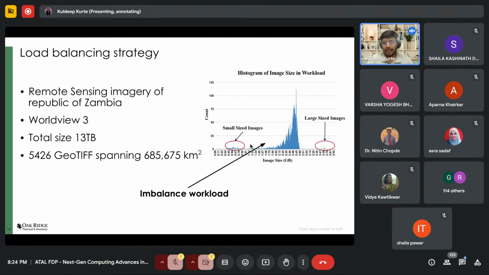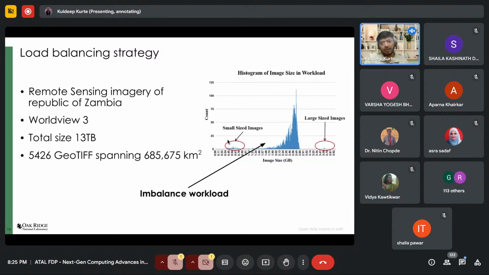On the right side, I'm showing a histogram of image size versus the count. You can see that most of the image sizes were located somewhere in this region, somewhere around 2.2 GB to, for example, 2.9 GB or 2.8 GB.